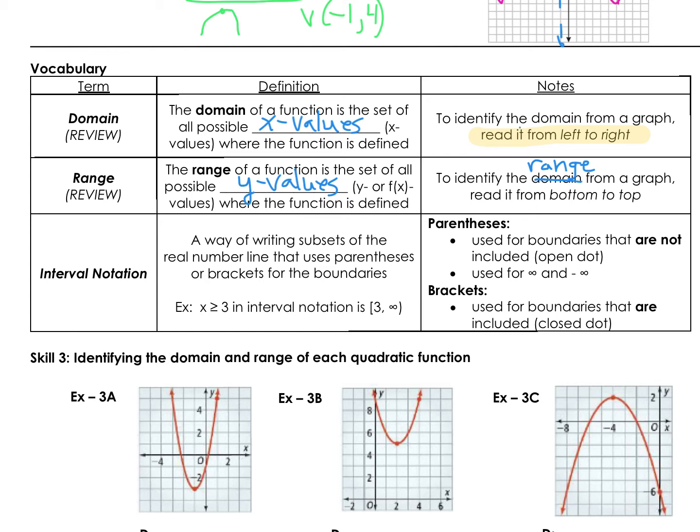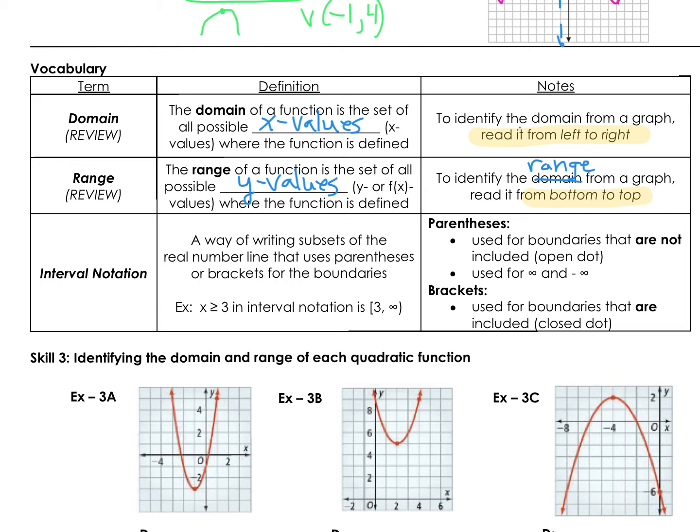So we go from bottom to top. If I'm looking at the domain, remember we always walk the x-axis from left to right. But for range, we always go from the bottom, low end, to the top, because that's the direction of the y-axis.